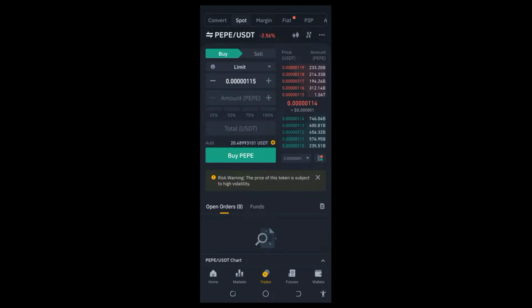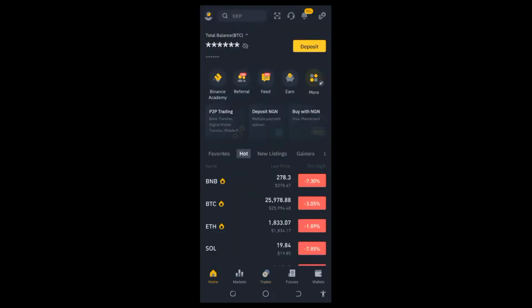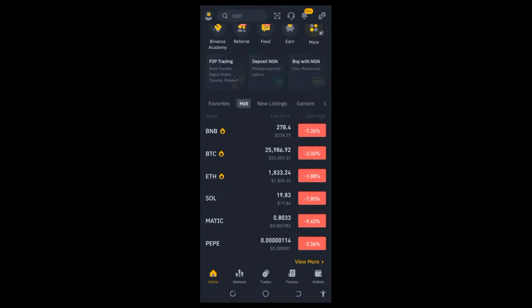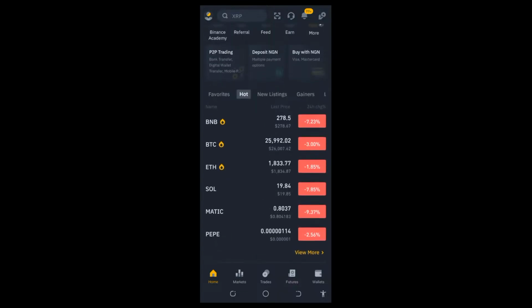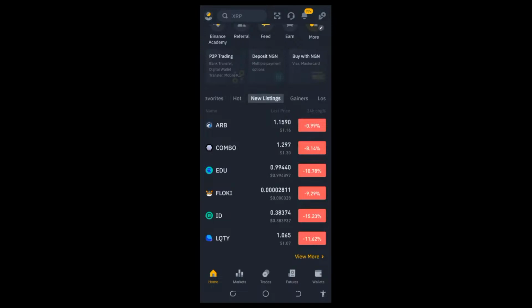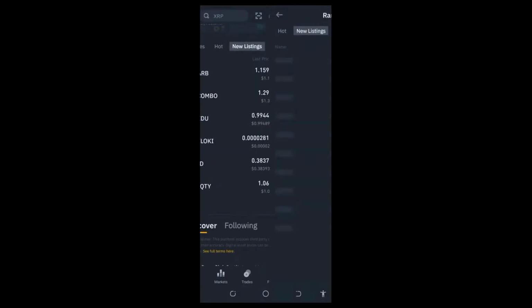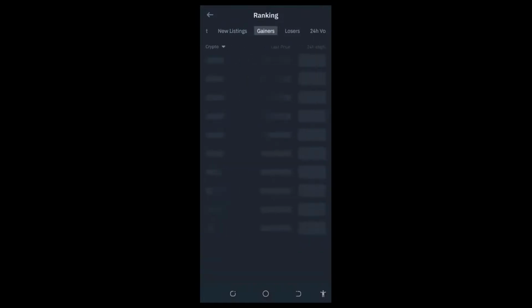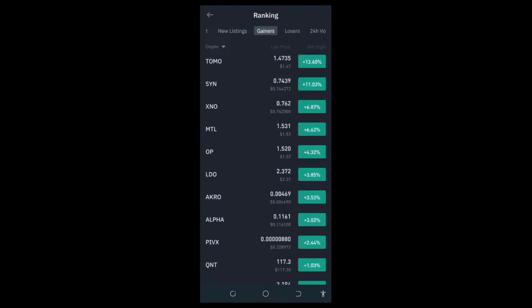But when I went back to check the status, I saw it was amongst the losers. Normally you should go to hot, and if you look at new listings, you might find it somewhere there. Pepe is on the new listings, but it's not high up, it's somewhere down. If you look at the gainers, I don't think it's there for now.